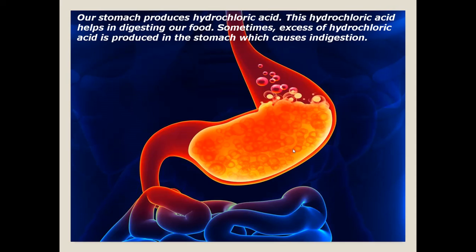Sometimes what happens is that excess hydrochloric acid is produced in the stomach. Suppose you are not taking a proper meal at the correct time, then this hydrochloric acid will become excess. It starts being produced in excess amounts and it may result in indigestion.